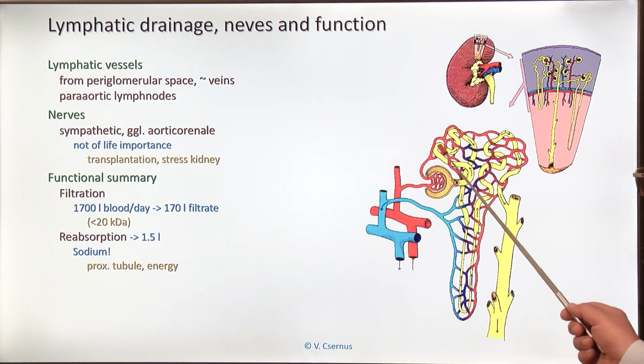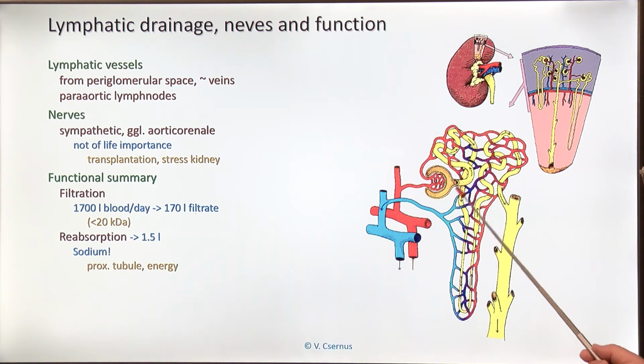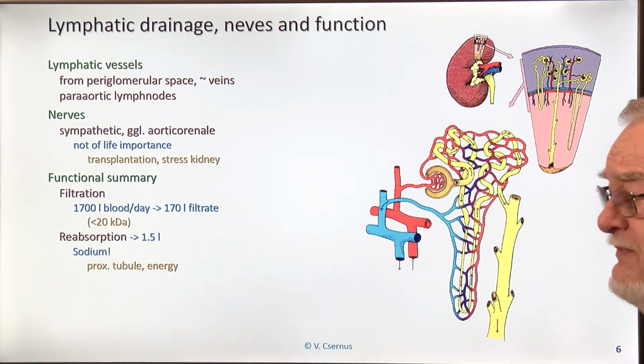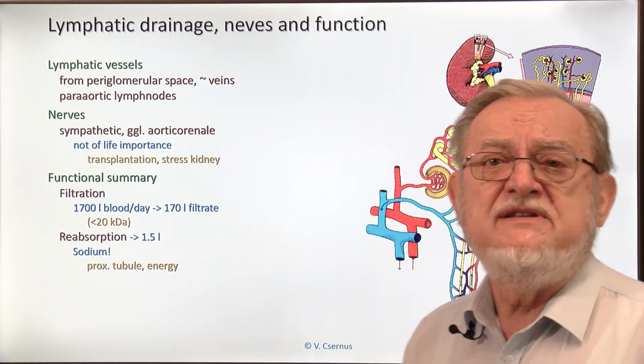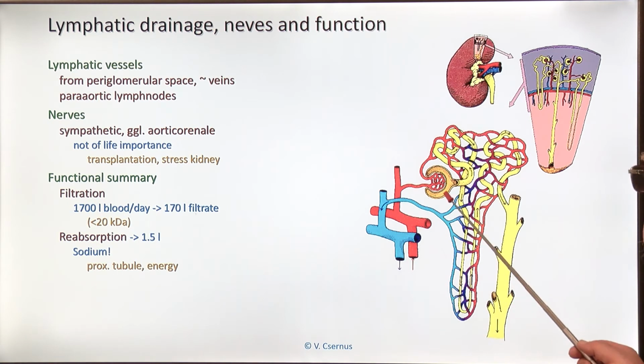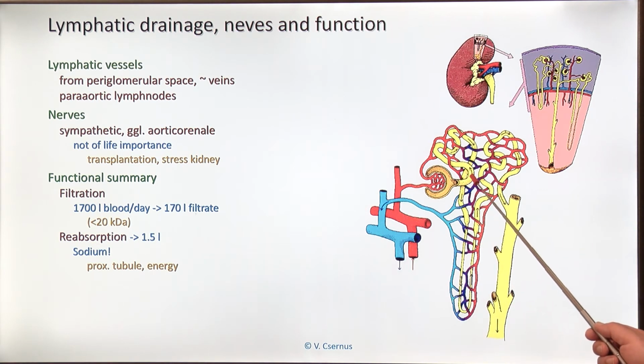The primary function of the proximal tubules is to get back the sodium, 99% of the sodium that was in the filtrate. This is a very energy-demanding way, but we can do that with energy because sodium is an ion and it can be moved with the appropriate mechanism.